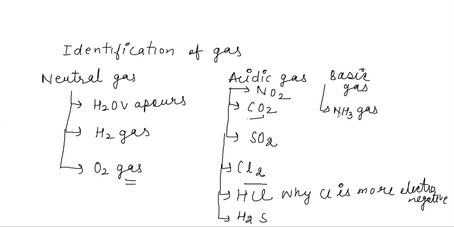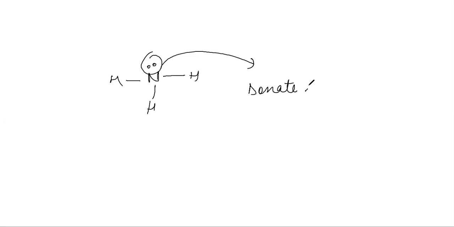As you dissolve the ammonia gas into the water, it will form NH4OH. Other than that, ammonia has the lone pair of electrons, but that you cannot confirm here. Ammonia, nitrogen has the lone pair of electrons and it can donate its lone pair of electrons to others. And whatever compound can donate the electron, and which type of electron?